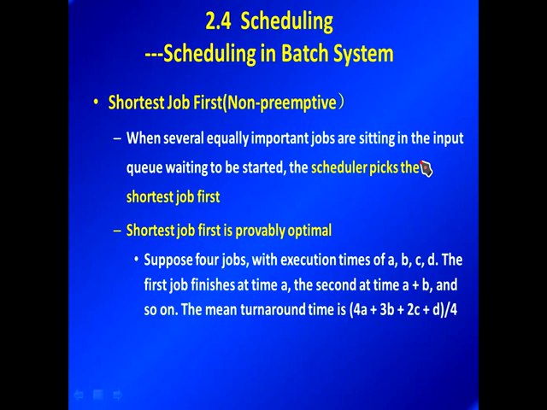But in some systems, especially interactive systems, it's very hard to estimate the possible execution time for a process. So SJF is simple too, but sometimes it's hard to put into a real system because it needs some parameters.